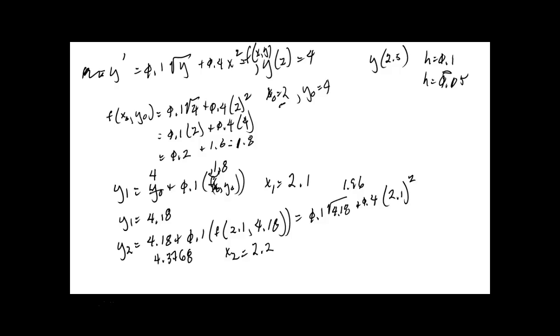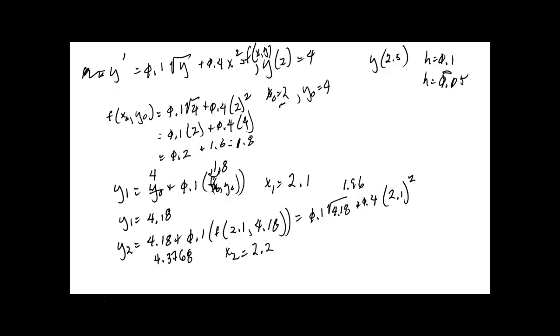And do that again. You come up with a different number. Multiply that by 0.1, add it to this again. And you keep creeping up. That gives you your Y3. And then X3 is 2.3. Keep doing it again until you get to 2.5 and see what Y5 would be. When you get there, you have estimated it.